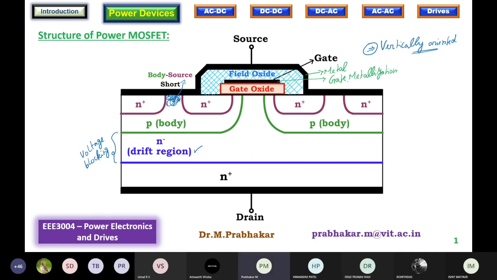We have metal here first, and then comes the oxide layer. So the metal layer is followed by the oxide layer, metal oxide, and then you have the semiconductor layer.